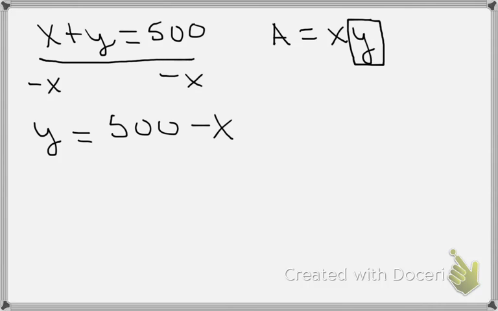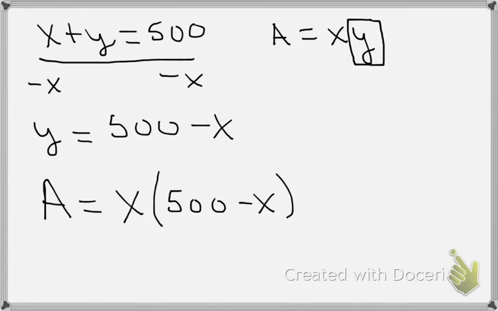So I can use that to rewrite my area. So the area is equal to the width, which is x, times the length, which is 500 minus x. And let me just do this for notational purposes. I'm going to rewrite that and emphasize the fact that that function now is a function of x alone, because we replaced the y with the 500 minus x.